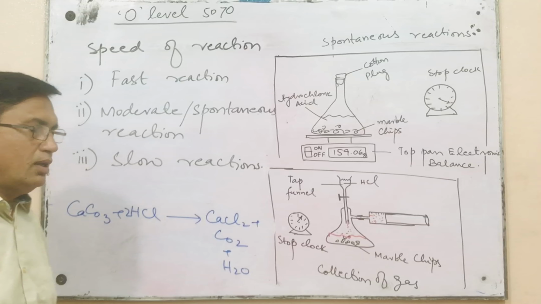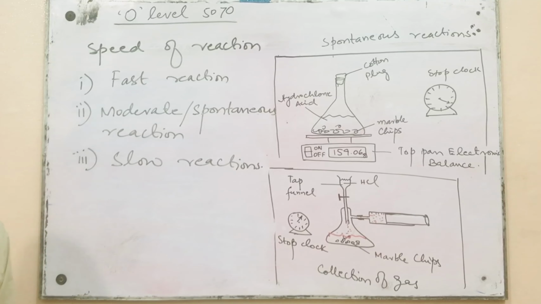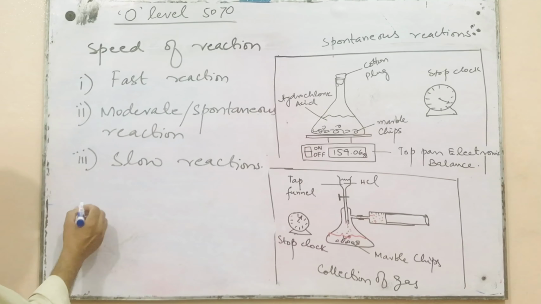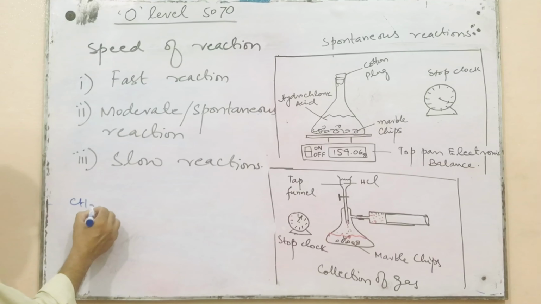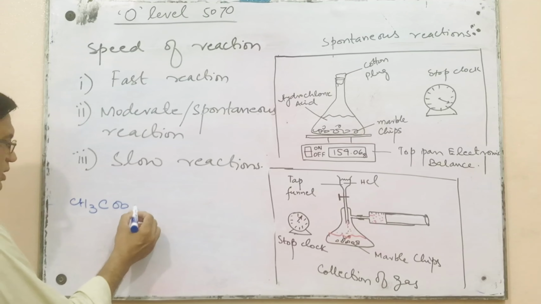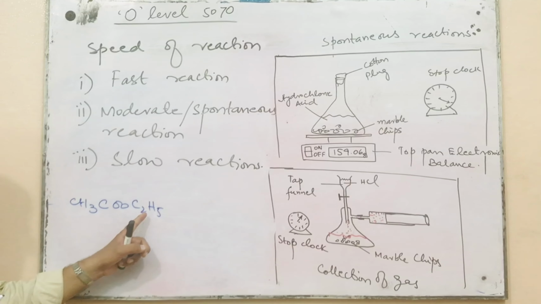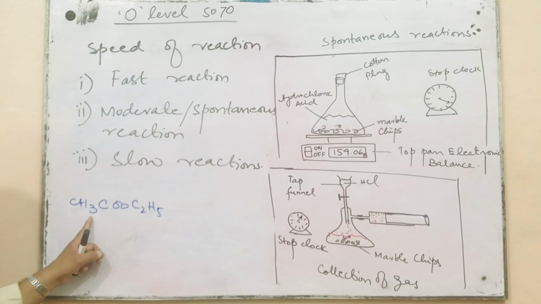Similarly, hydrolysis of esters. Esters are, for example, CH3COOC2H5, say this is ethyl ethanoate.